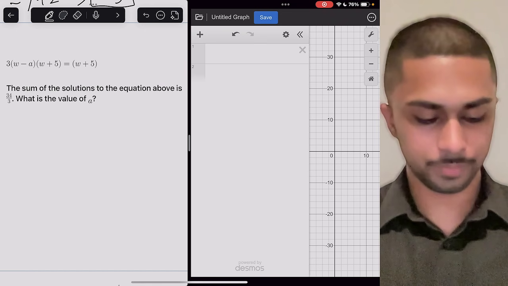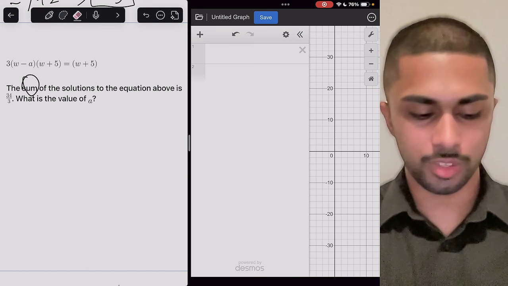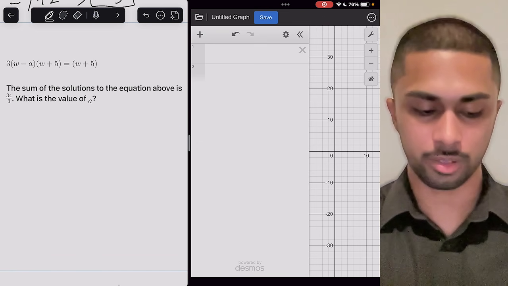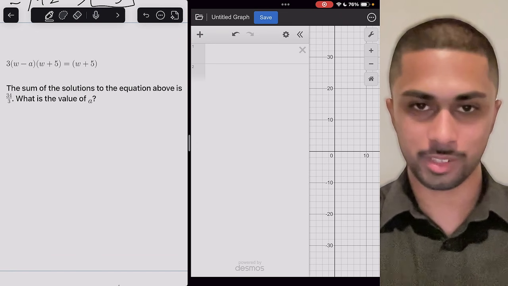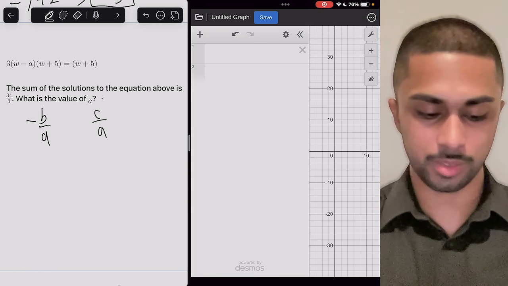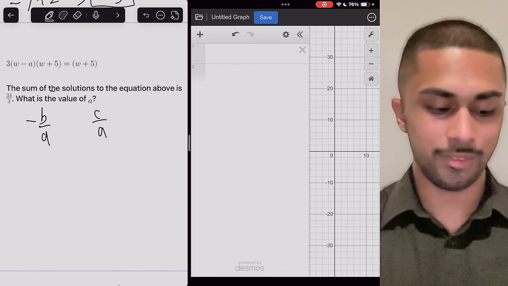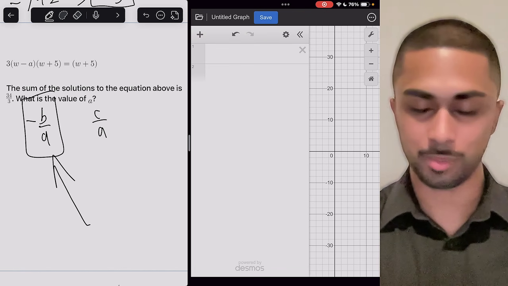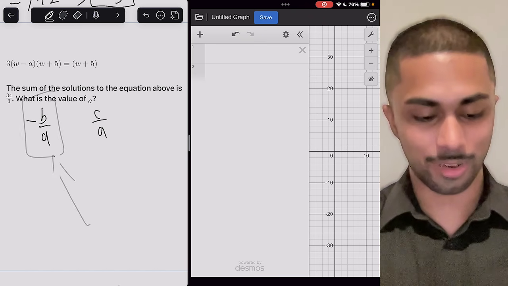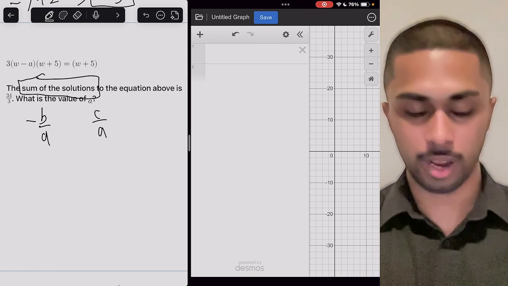We're not doing that. But if you ever see sum of the solutions or product of the solutions, then you need to memorize these formulas. Hopefully you have the product one memorized because this one's a little easier for students to remember. But you need to have this one memorized because the SAT actually tests this more. So negative b over a is the sum of the solutions for any quadratic.